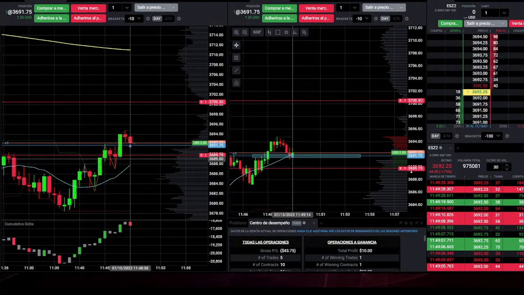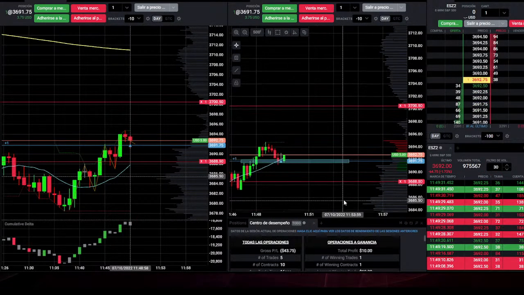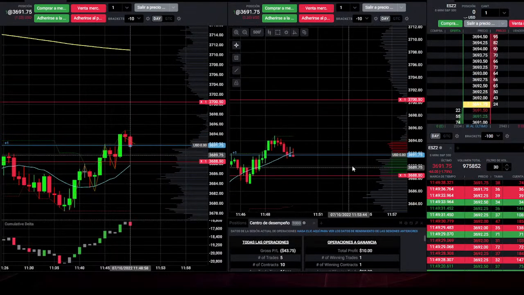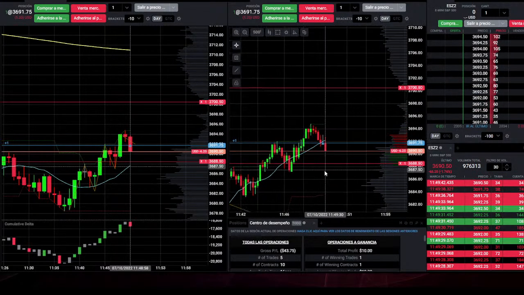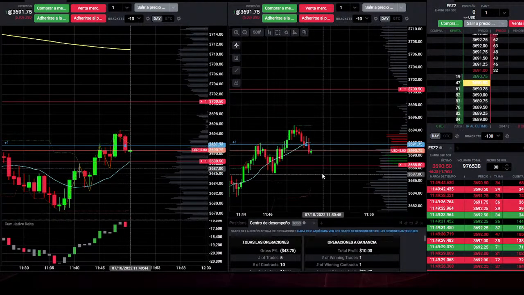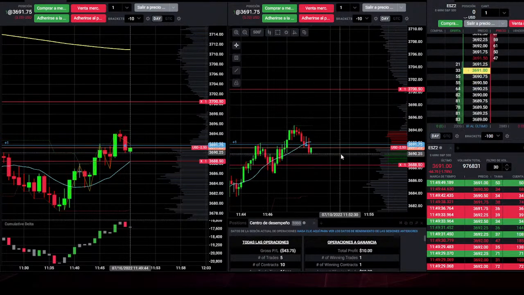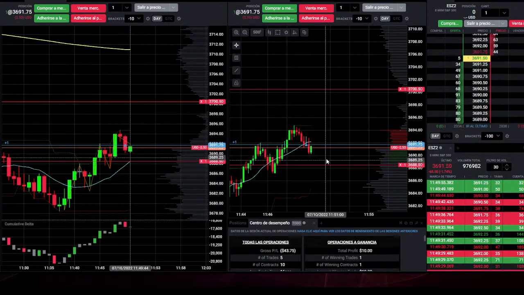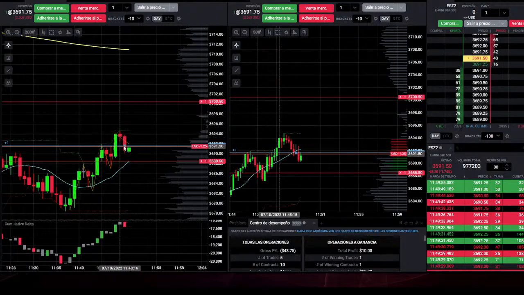I'm going to leave room right around here, no more than that. Okay, so let's see how the price develops. Keep in mind that you have to manage risk. You could lose, but manage risk accordingly.